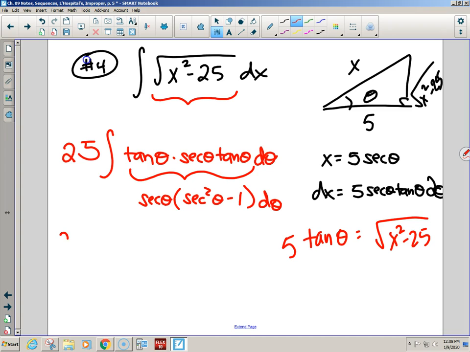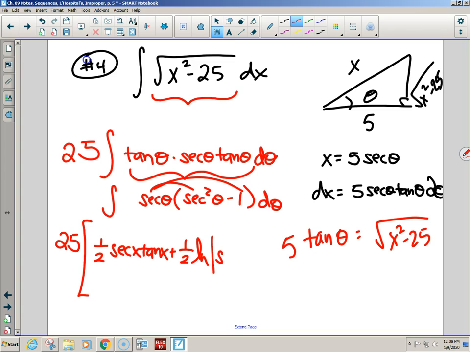Okay, so then we had 25 times the integral of secant cube theta minus secant of theta. Secant cube theta, I'm going to steal from over there, which is going to be 1/2 secant theta tangent theta plus 1/2 ln of secant theta plus tangent theta plus c, hold on, not yet.